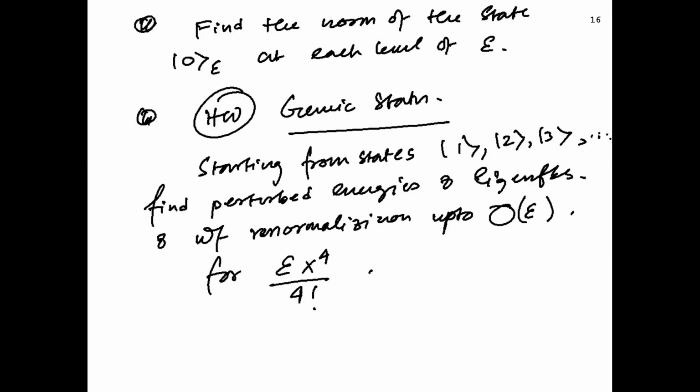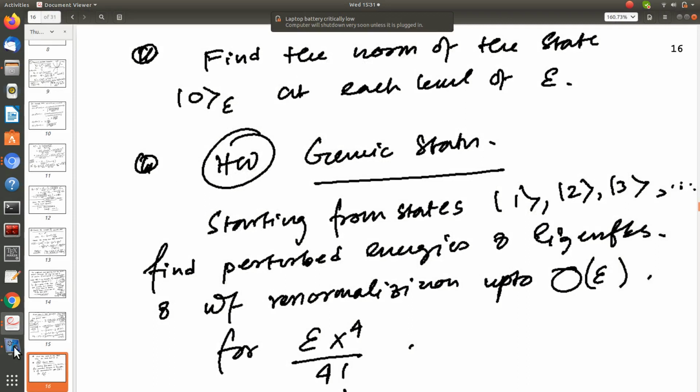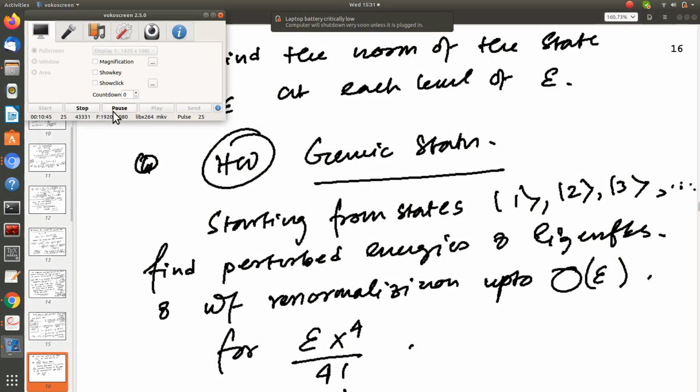Then you extend this, because so far you have done the correction on the ground state. Now you look up how to do the correction on the first excited state or second excited state for a perturbation of the form epsilon x to the power 4 by 4 factorial. The factor 4 factorial was placed because it helps simplify the problem in certain cases, and the prefactor.